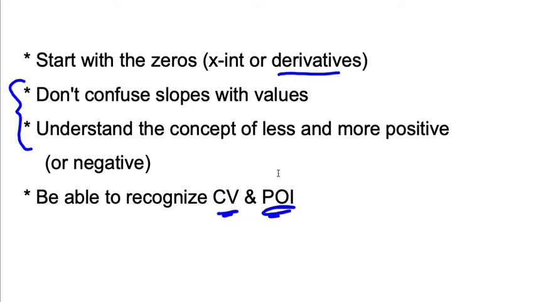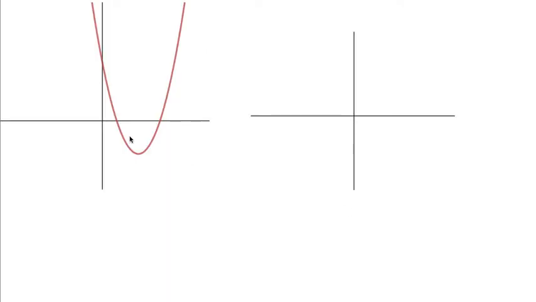What happens to the points of inflection as we go from one direction to the other? What happens to the critical values? So just keep those in mind. I don't really have any notes other than those pointers. We're just going to jump right into some examples here.